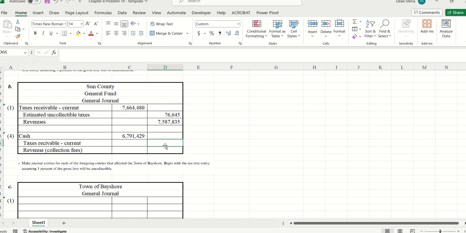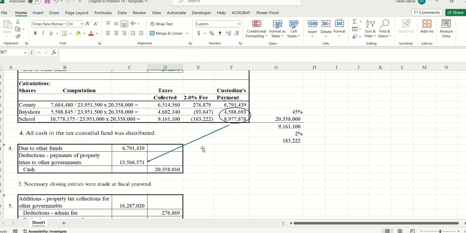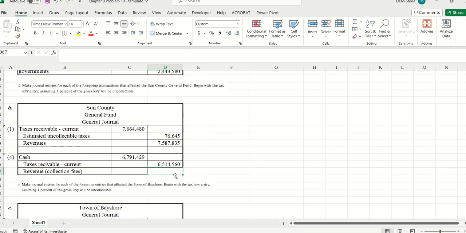So that collected of taxes is 6,514,560. And the other one, remember the collection fees that we calculated up here, 276,879. Bingo bango, there it goes. Make sure I got those right: 6,791,429, 6,514,560, and then that.